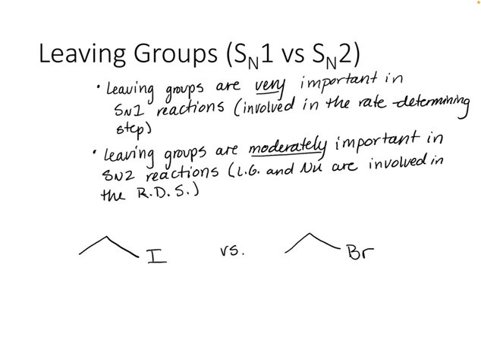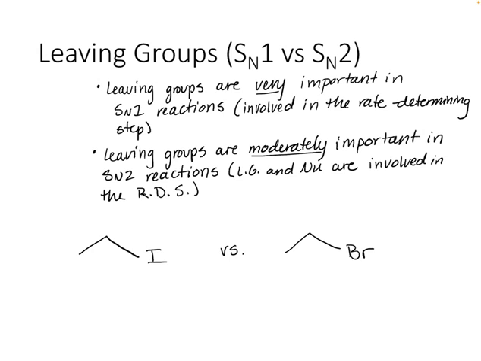So one way that you could think about this is, when the leaving group leaves, how stable is it? And remember that in this case, when iodine leaves, it's going to take those shared electrons with it. So it's going to become negatively charged. Same with bromine. Bromine's going to take those electrons that it shares with it. So it's going to become negatively charged.